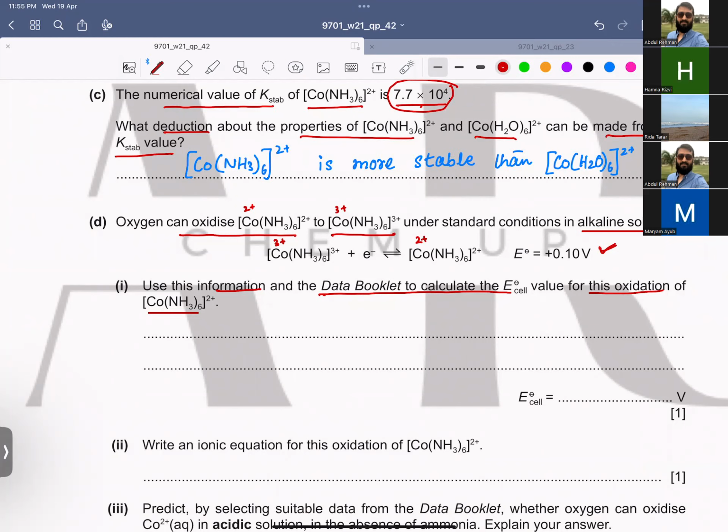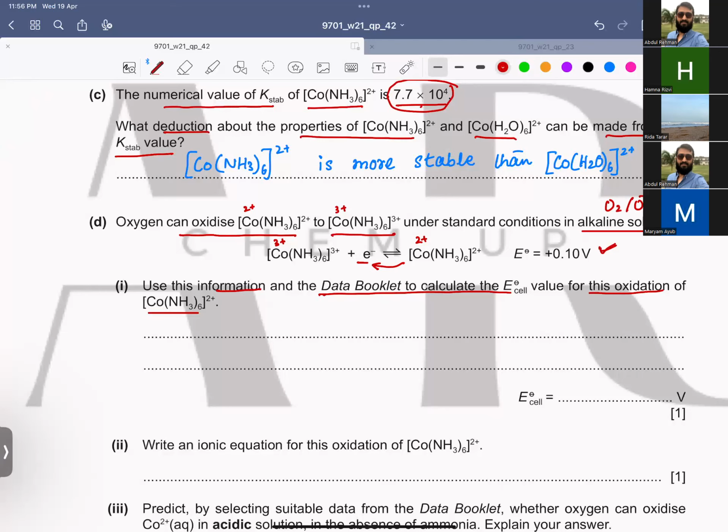As they said that oxygen can oxidize this in alkaline condition, this reaction would occur in this way, because it is going to lose an electron and oxidize to the 3+ ion. And we have oxygen and hydroxide in the other half equation, which is going to undergo reduction.